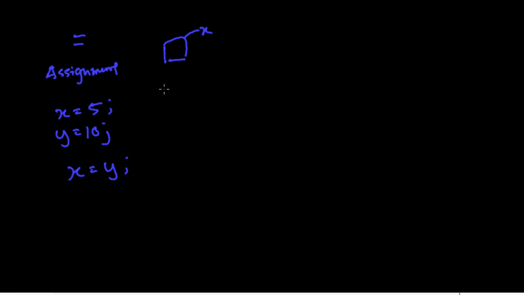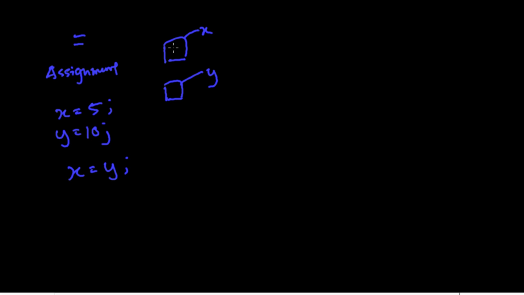This is what is known as the assignment operator. Now let's say we have x equals 5, assuming x is an integer, and y equals 10, assuming y is also an integer. If we do this, x equals y, what happens is that, so we draw a little box for x, we draw a little box for y.